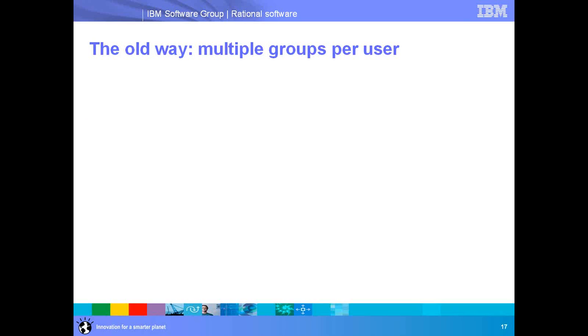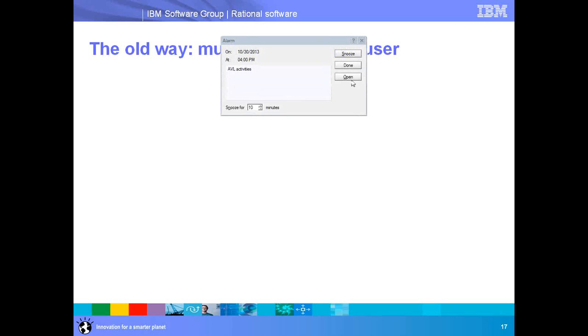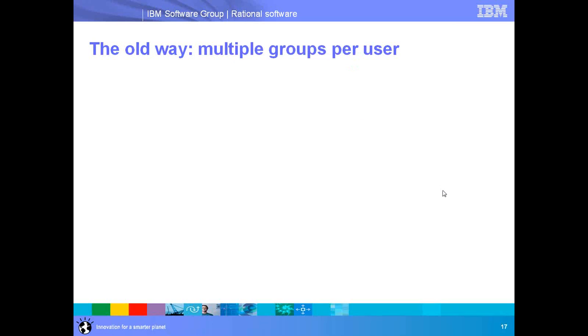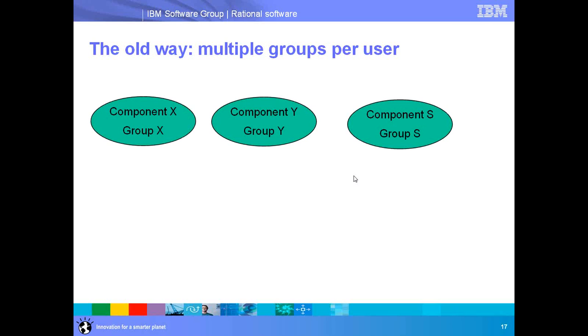So in this slide, let's just take a simple use case. For example, in your existing environment, let's say you had 3 different components, X, Y, and S. And you had to give access, read-write and read-only access, complete access, specifically for people who are from individual groups.